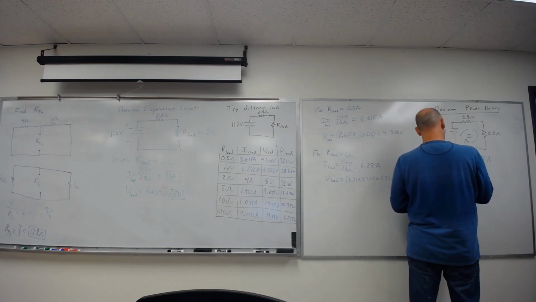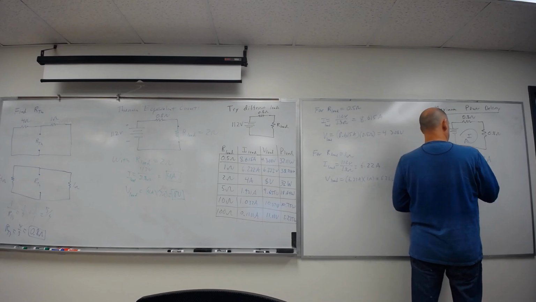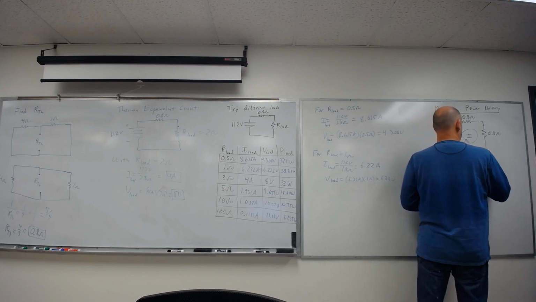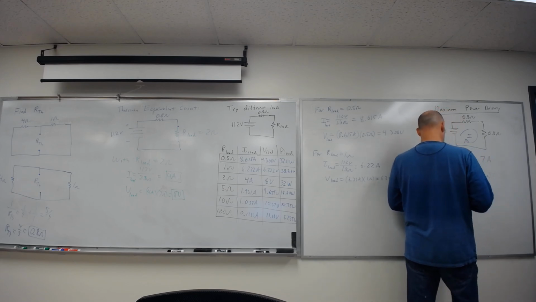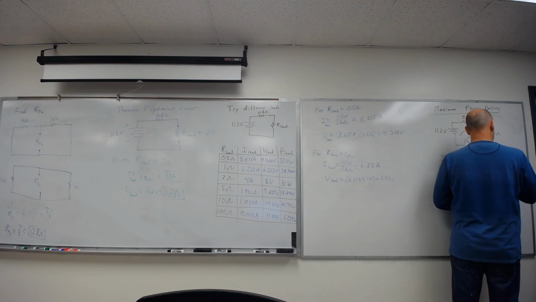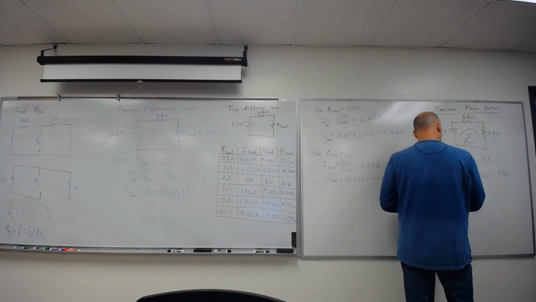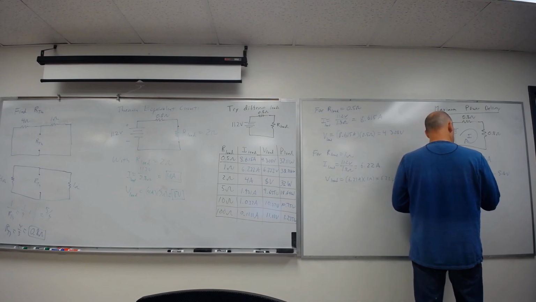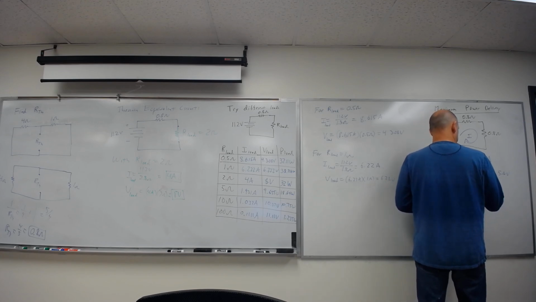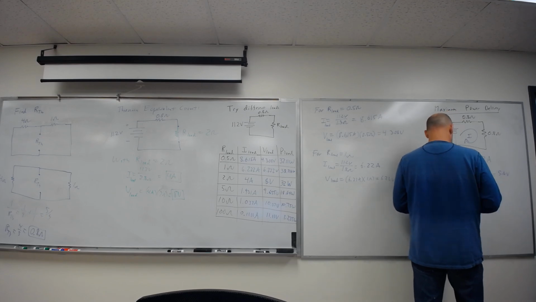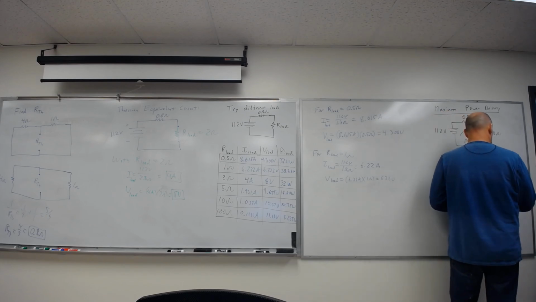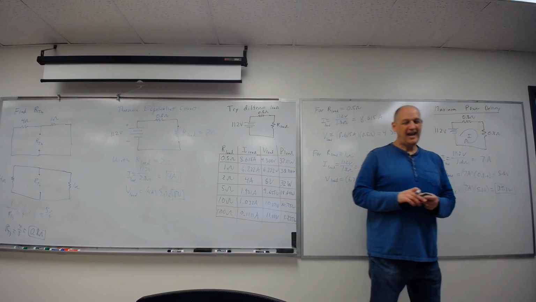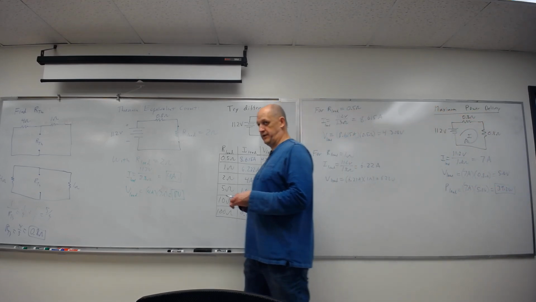Voltage across the load: 7 amps times 0.8 ohms, 5.6 volts. Power at the load: 7 amps times 5.6 volts, 39.2 watts.